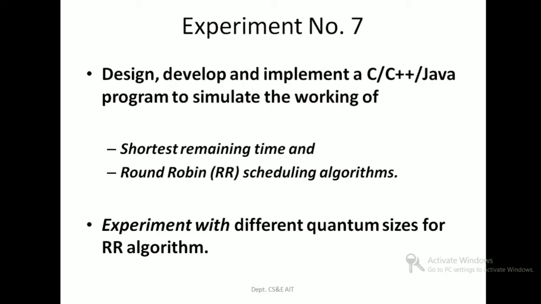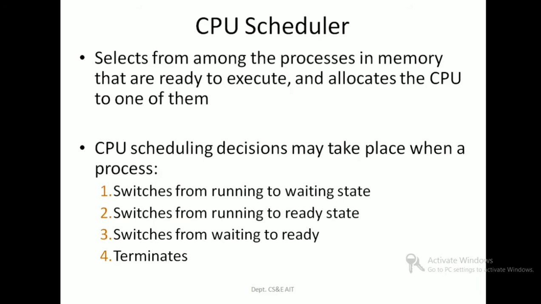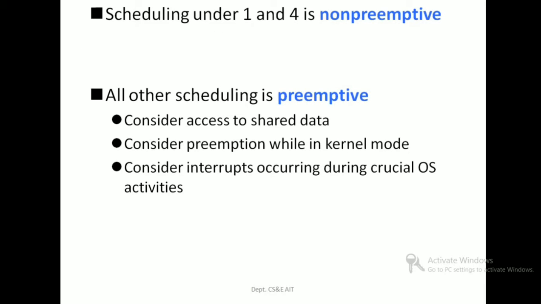Before I get into the scheduling algorithms, we shall look into the broad categories of scheduling algorithms. There are 2 broad categories, non-preemptive and preemptive scheduling algorithms. So when do we say it is non-preemptive and when do we say it is preemptive?